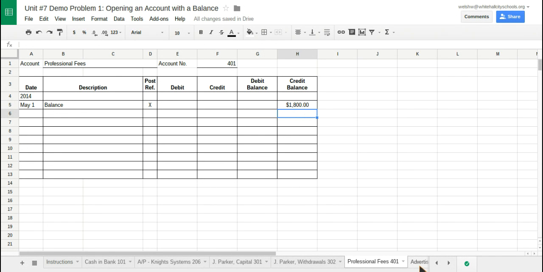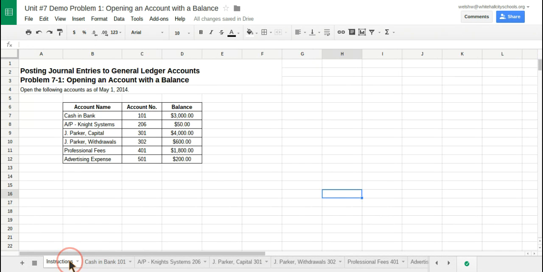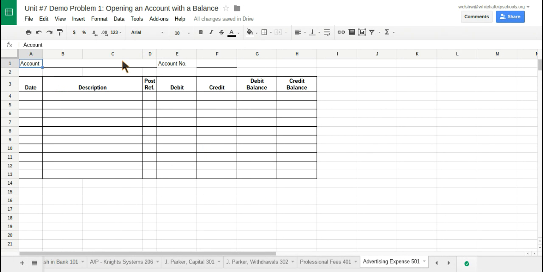Okay, and then the last one is advertising expense. Take a look at what that is, 501 for 200. So advertising expense. Make sure you write the entire account name as it's written. Don't try and shortcut it. 501, May 1st, 2014.